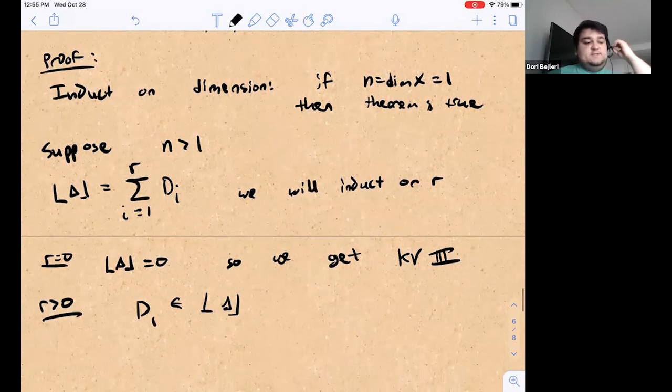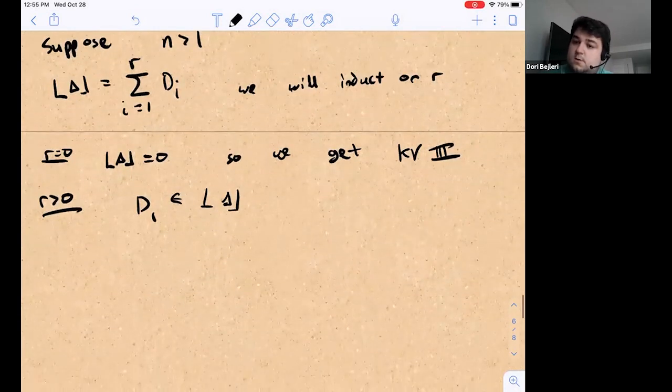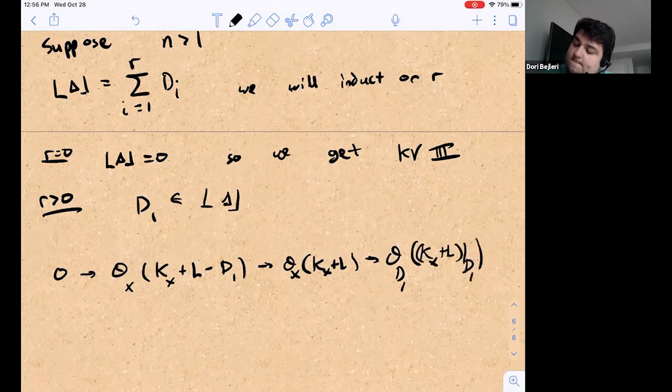And now we're just going to look at the same sequence where we twist by this D. So we have 0 to O_X of K_X plus L minus D_1 goes to O_X of K_X plus L, goes to the restriction O_{D_1} of K_X plus L restricted to D_1.